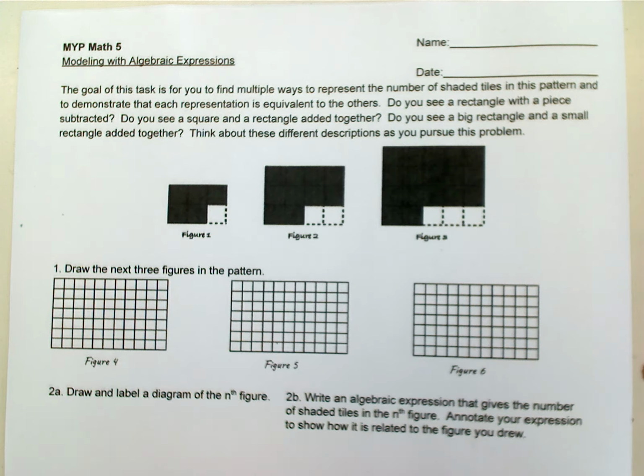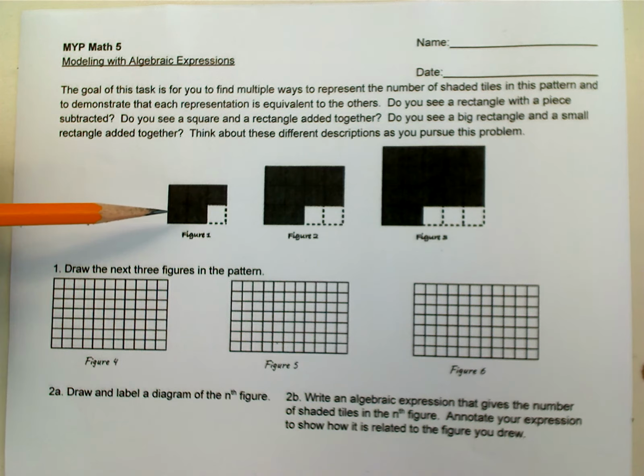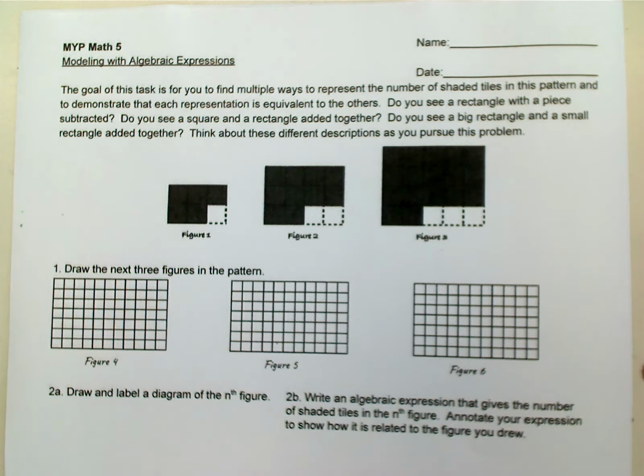What that means is here, n is equal to 1, and here, n is equal to 2, and here, n is equal to 3. So we have some specific examples, but we want to generalize. We want to draw this thing and represent the number of tiles in it just based on that variable n, the figure number.